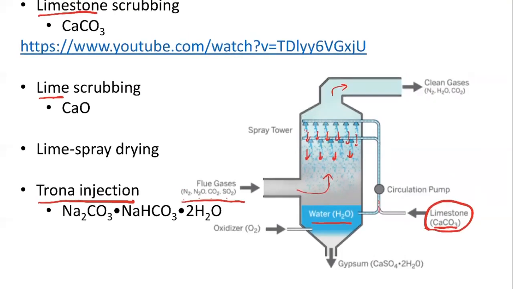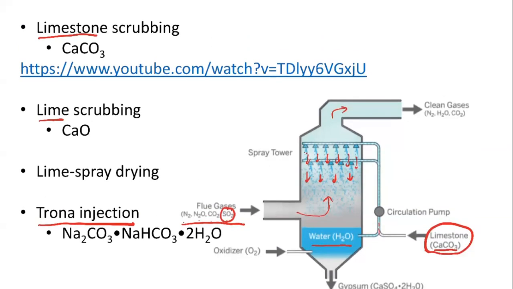So we mentioned that there is sulfur dioxide in the flue gas. Sulfur dioxide is an acidic gas, right? So it's going to react with the component that's in the limestone, which is the calcium carbonate. So the reaction that's taking place is going to be sulfur dioxide reacting with the calcium carbonate.